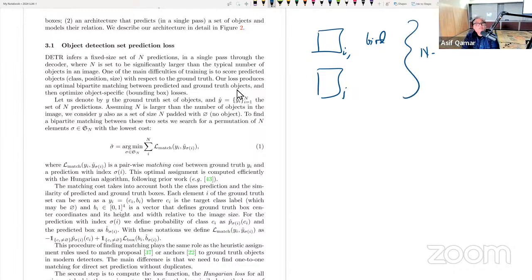So it means no matter what happens, if I have more than n objects? It will only spot n, of course. So that's one of the limitations. But actually, it's not a limitation because you keep n pretty big.